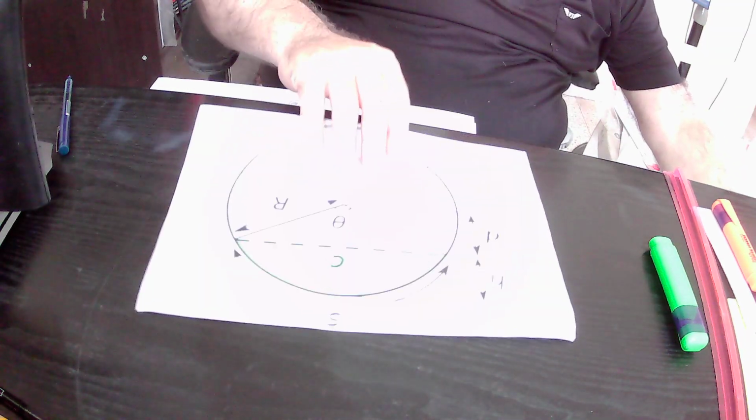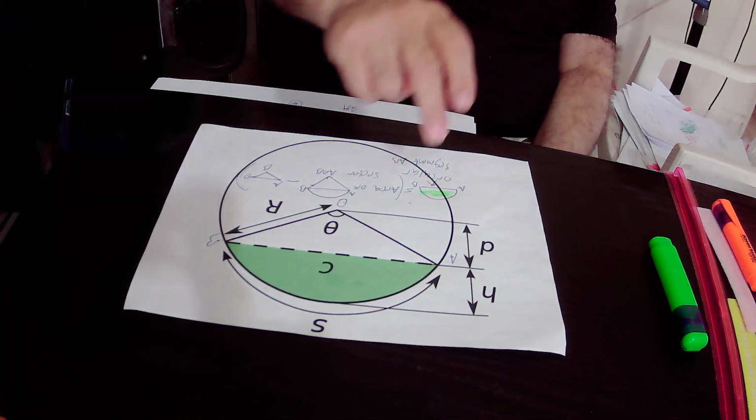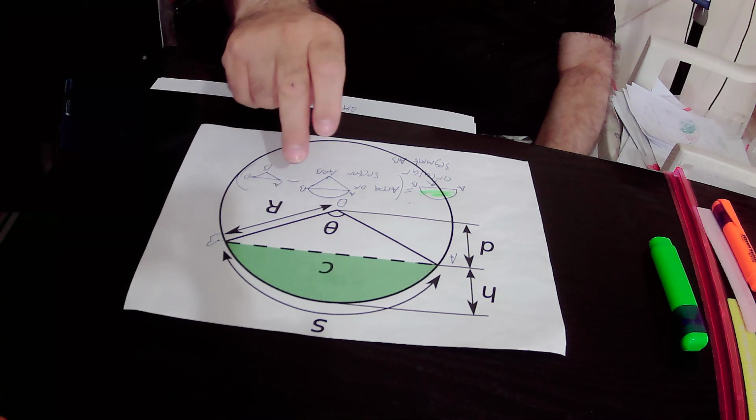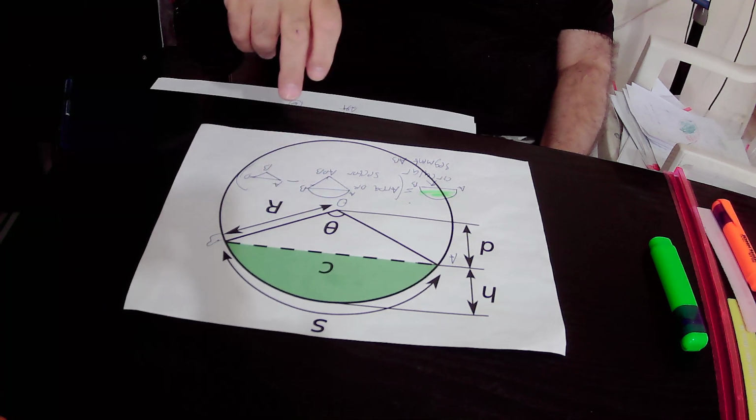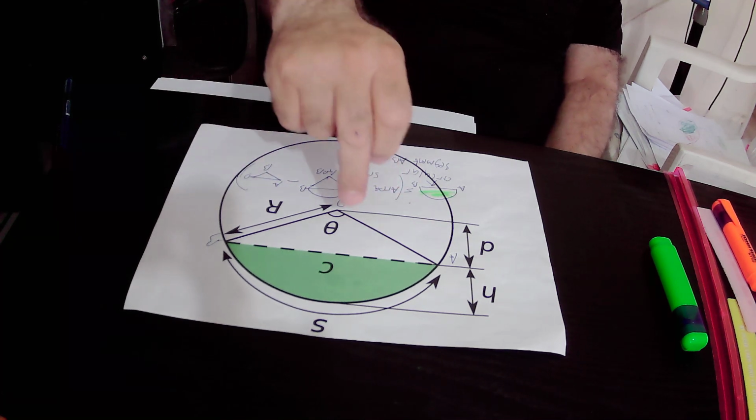Then I presented to you what is the area of circular segment AB. The area of circular segment AB equals the area of sector AOB minus the area of triangle AOB.